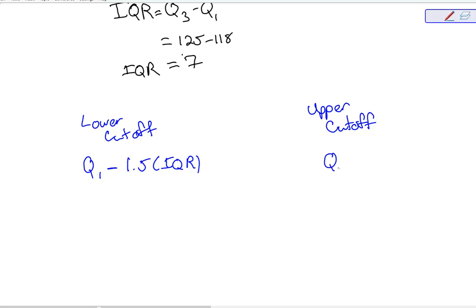The upper cutoff is Q3, notice I'm using the same numbers that are used in the IQR, Q1 and Q3, those outside quartiles, plus 1.5 times IQR.